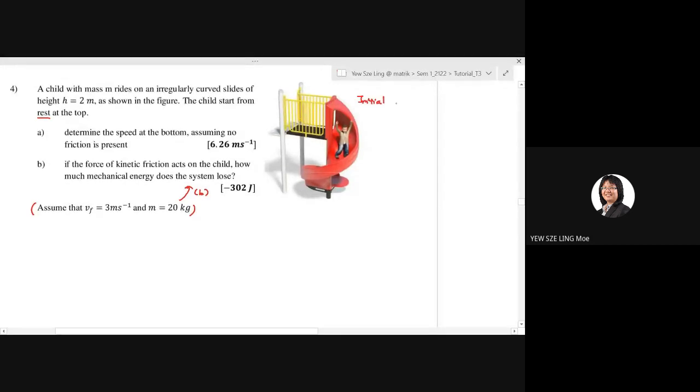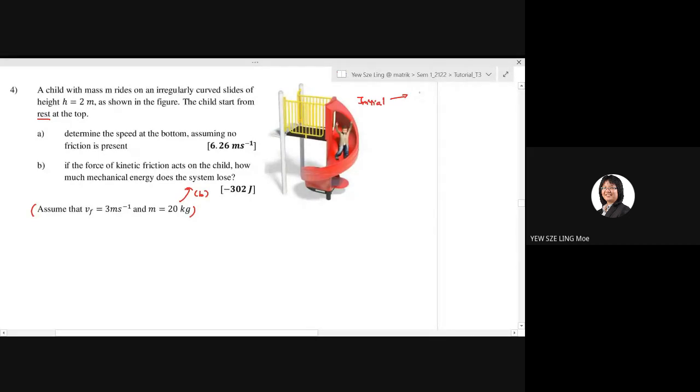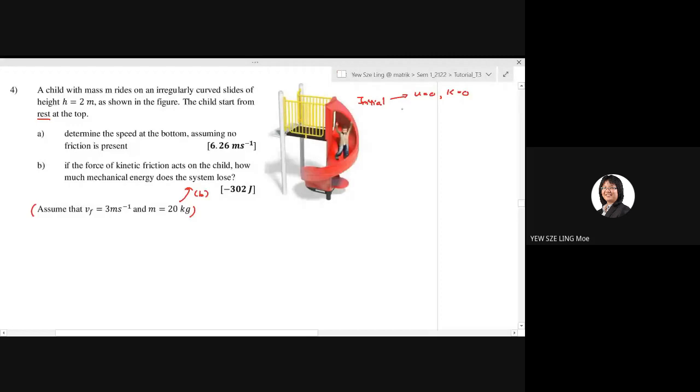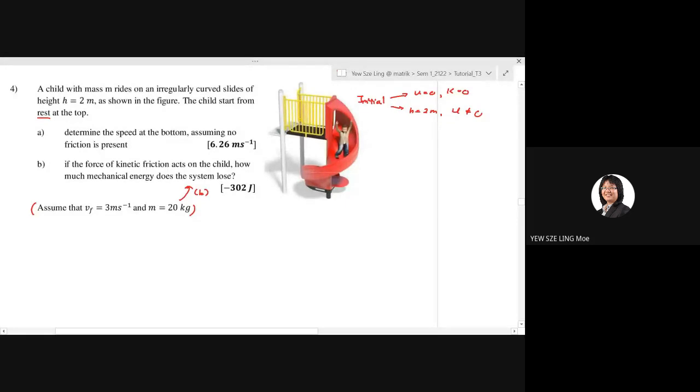It tells us the object starts at rest. What does it mean at rest? It means u equals 0, which tells us K is equal to 0. And then we have h equals 2 meters, in which it tells us our U is a non-zero value.